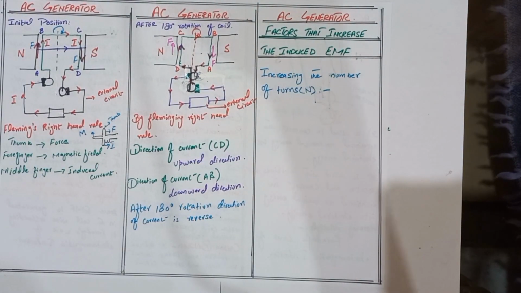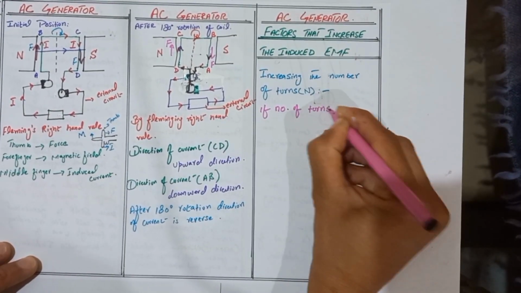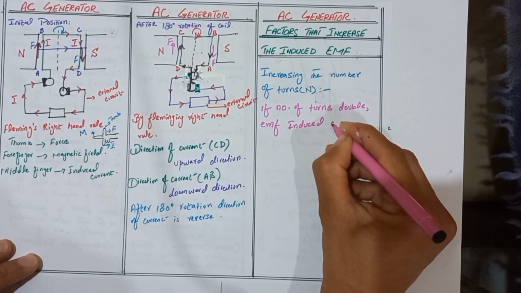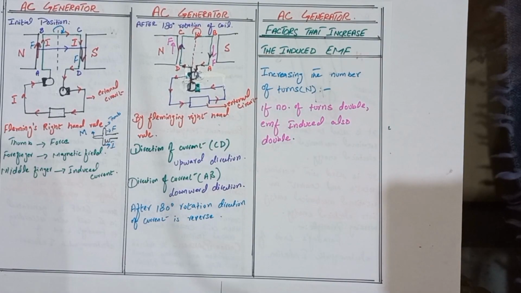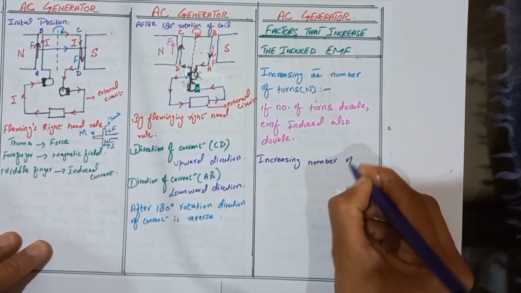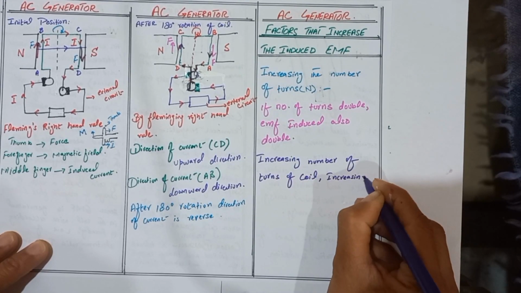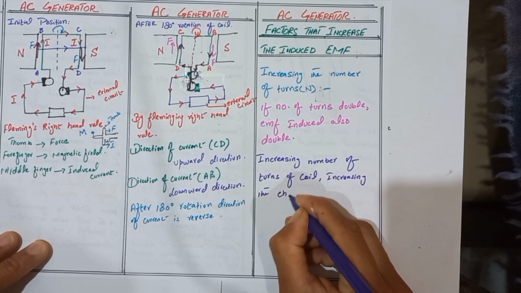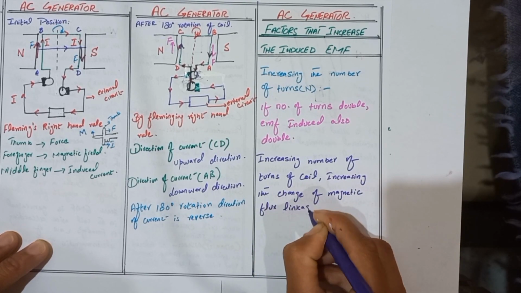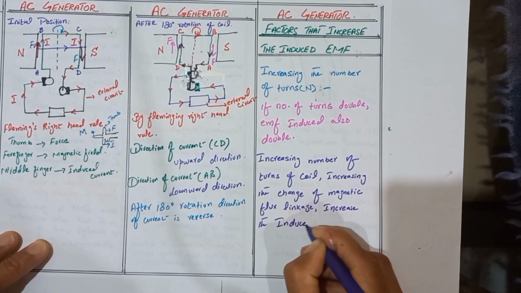If the number of turns doubles, then the induced EMF also doubles. Increasing the number of turns of the coil increases the change of magnetic flux linkage, which increases the induced EMF.